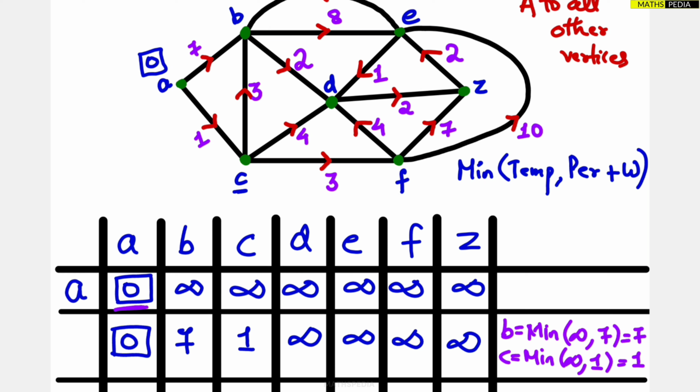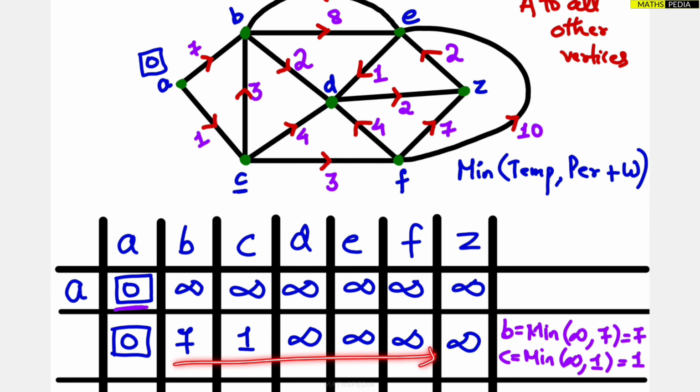Now in this particular row, you have to find out the new permanent label. Very important, the new permanent label. This becomes the old permanent label, because A has already got it. Every step you cannot take with A. Now the A vertex has already got the permanent label. Next we have to find the minimum value, the least value, in this row. Remember, everywhere it is minimum.